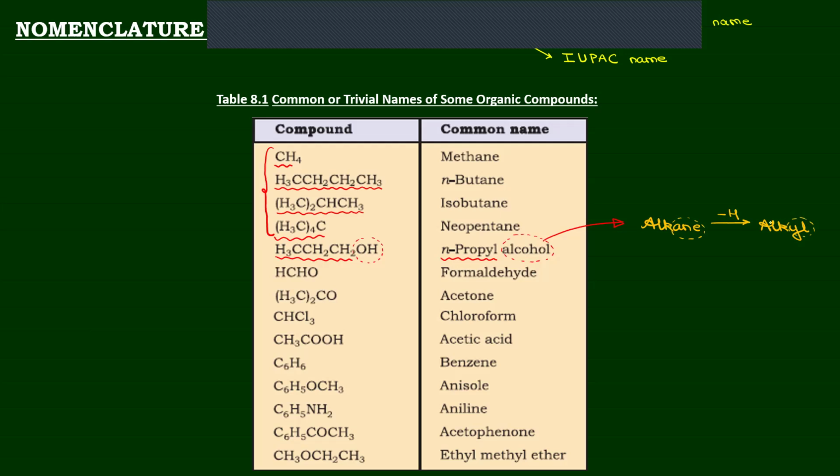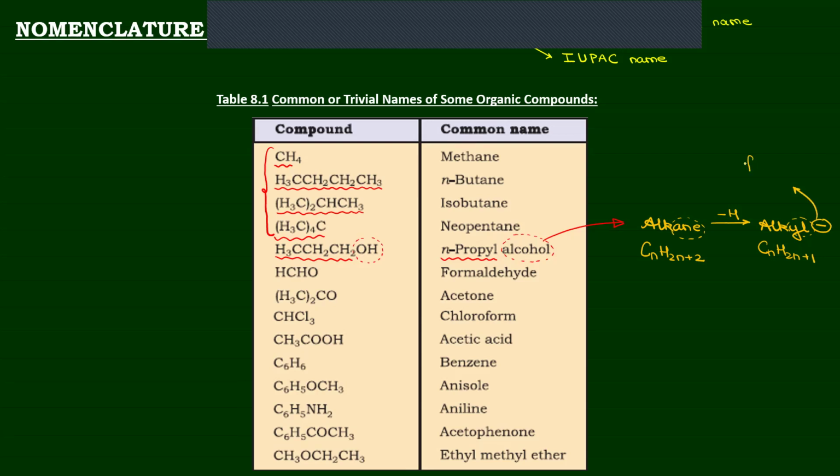So propane would change to propyl, ethane would change to ethyl, and so on. If I talk about the molecular formula, alkanes are represented by CnH2n plus 2. Alkyl would be represented by CnH2n plus 1. And with the removal of a hydrogen atom, one of the valencies becomes free.